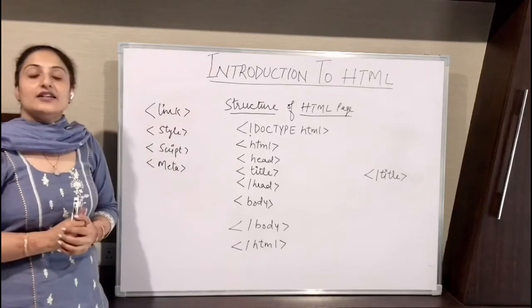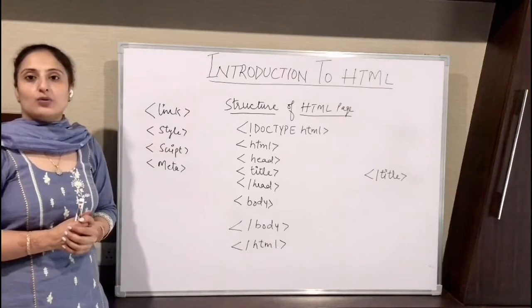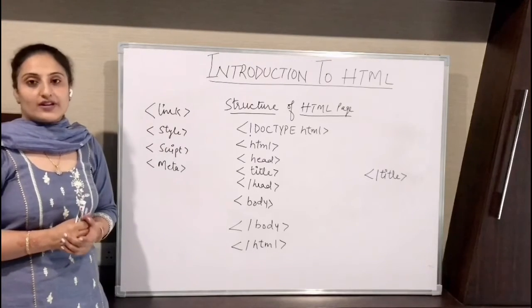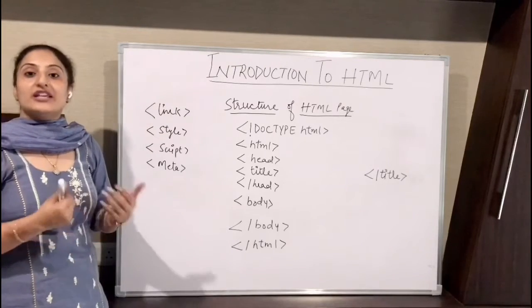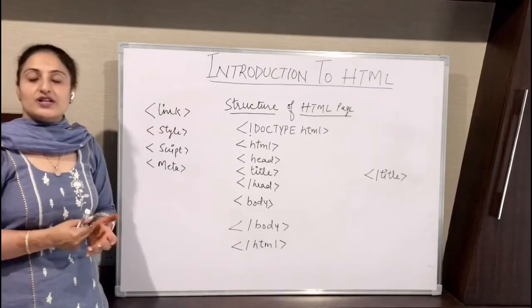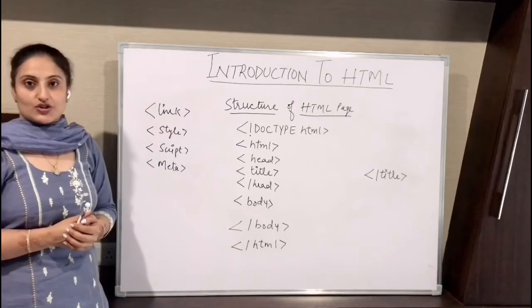Meta tag is used to include some information about the document. For example, description of the web page, as well as some keywords that need to be used whenever your page is searched in the search engine.